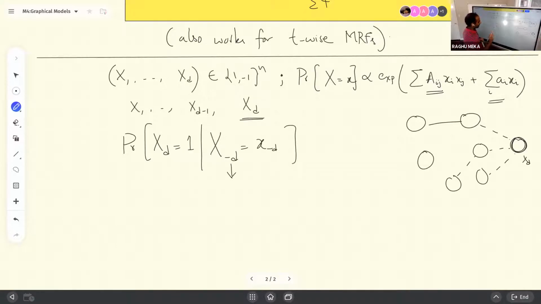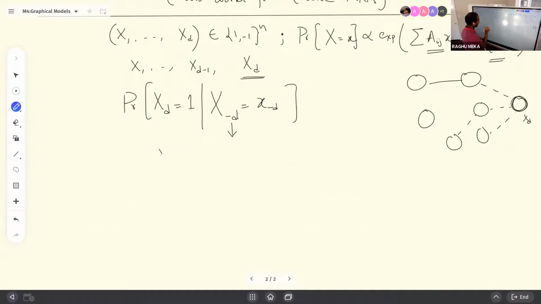This is notation shorthand: x_{-d} means omit the d-th coordinate.